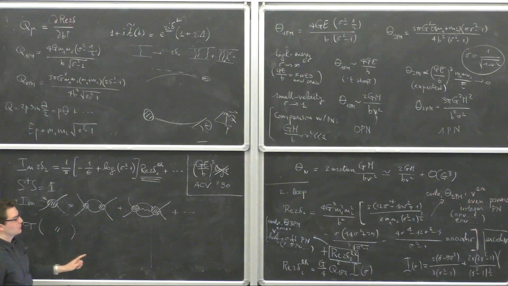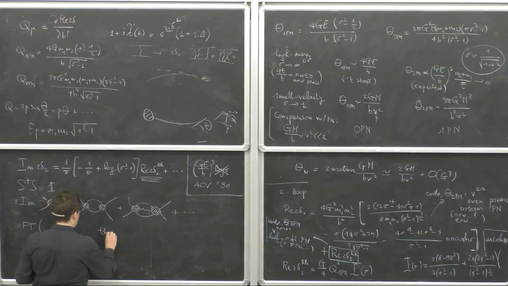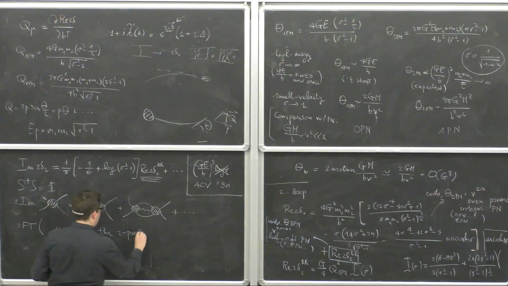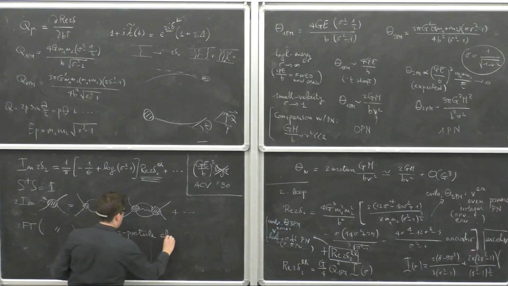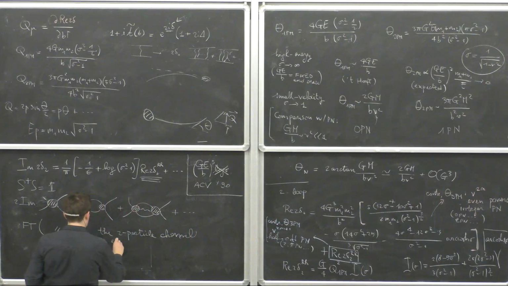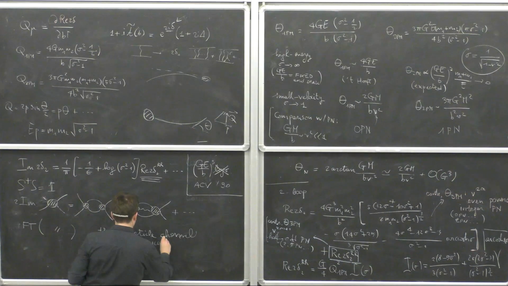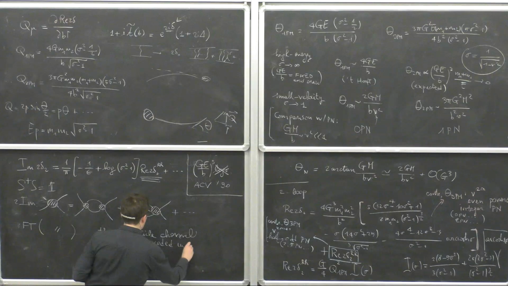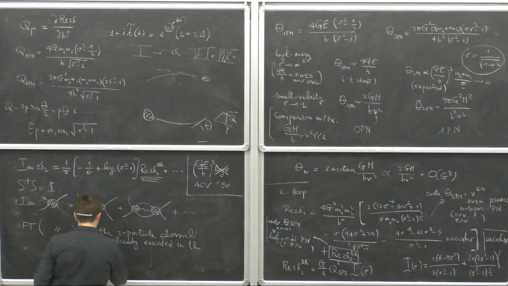So it did not contribute to the phase sitting there. So exactly the same thing happens. So the two-particle channel is already encoded in the eikonal exponentiation.